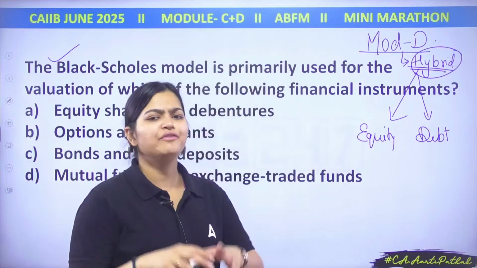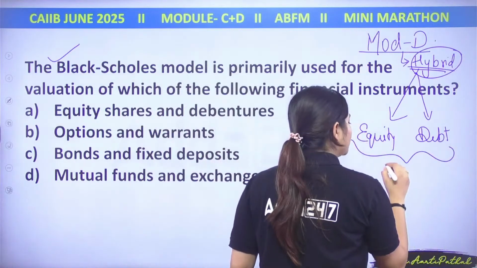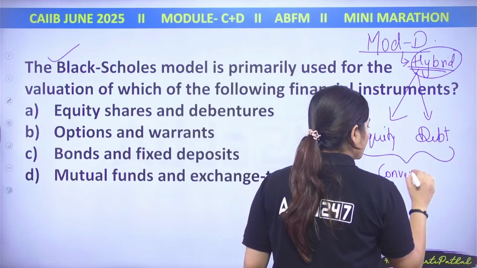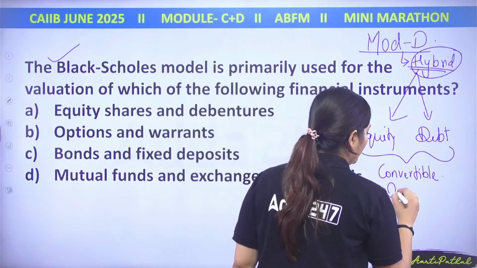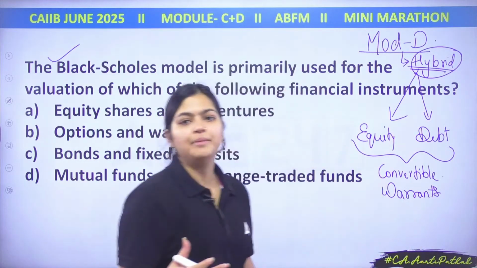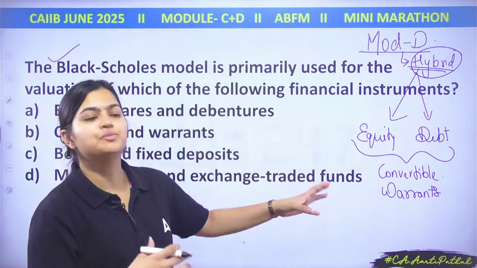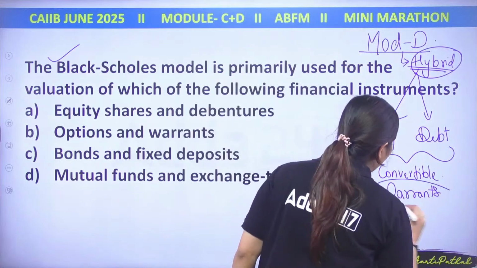Under this, you have different options, like convertible debentures and warrants. These are a few examples under hybrid finance. This question is from warrants only.